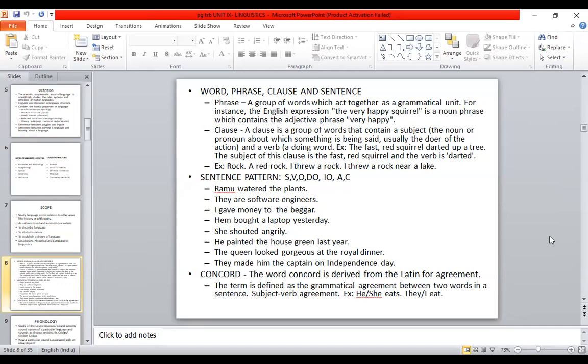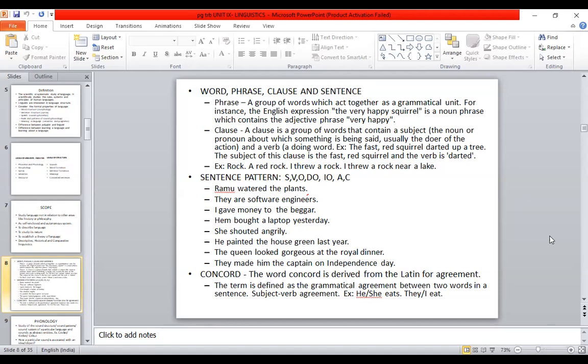Definitions do help us understand. But beyond definitions, you should first know what a phrase is. Just remember that a phrase is just a group of words. That's all. Just a group of words. 2, 3, 4, 5. That's it.